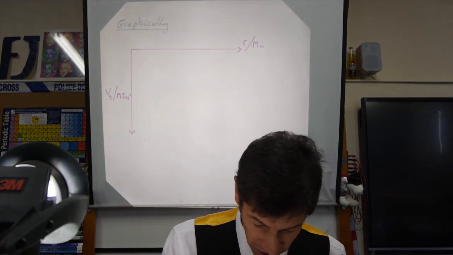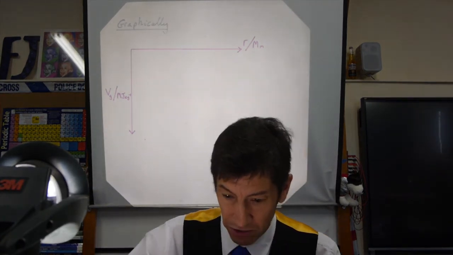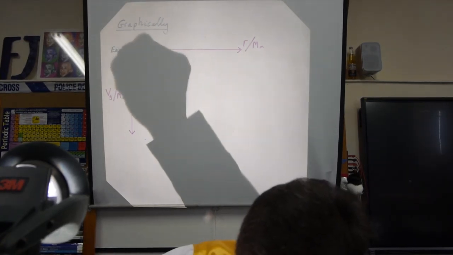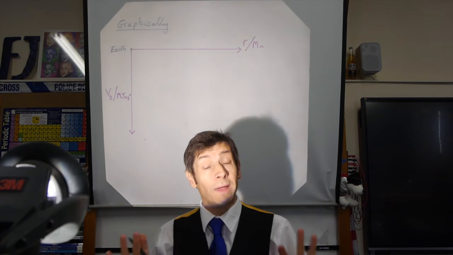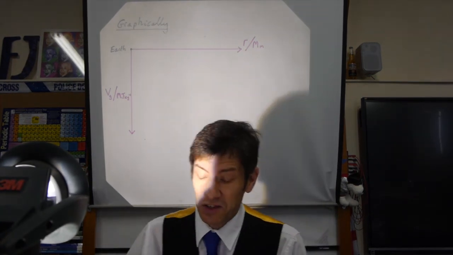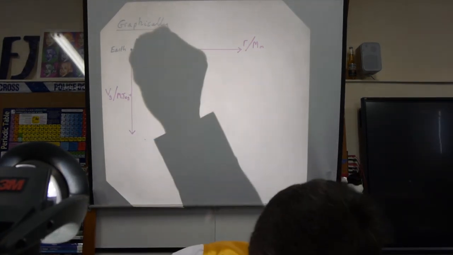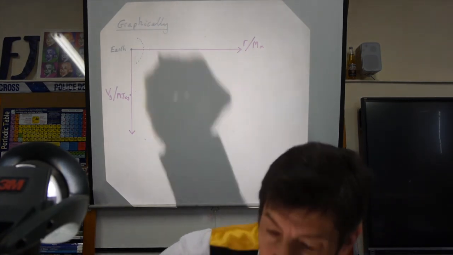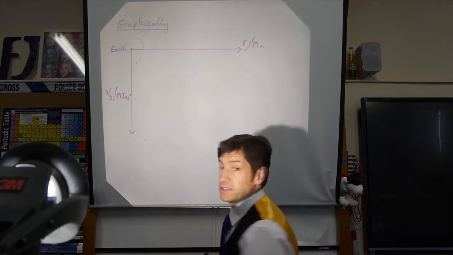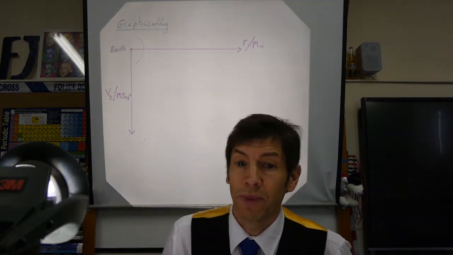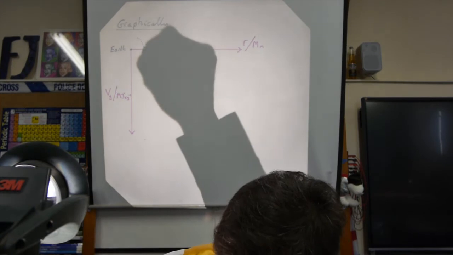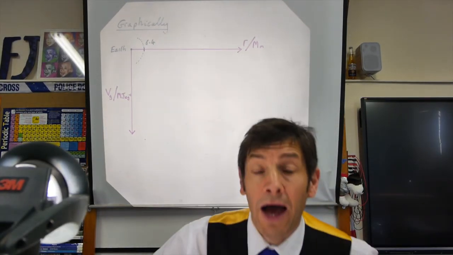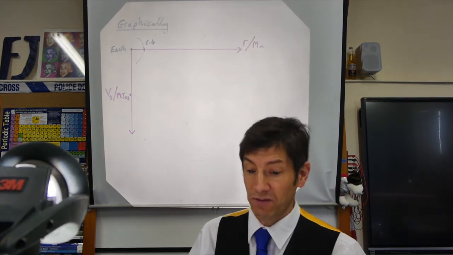Let's position the Earth fairly obviously at r equals 0. So there's the Earth, and it's going to be for a single mass, this one first. The Earth has a size, so I'll draw a little bit to represent the radius of the Earth, and I'll position there 6.4 megameters for the radius of the Earth.